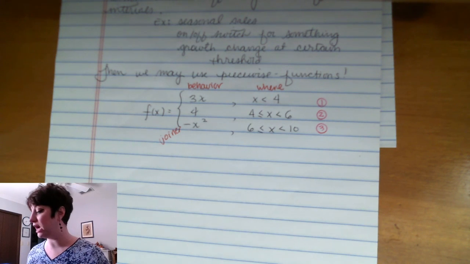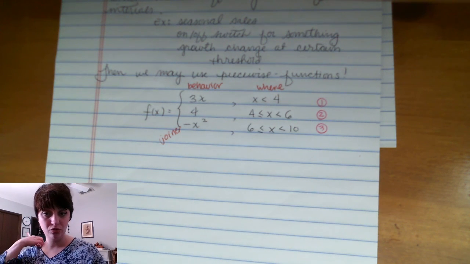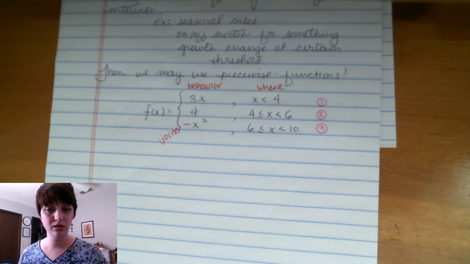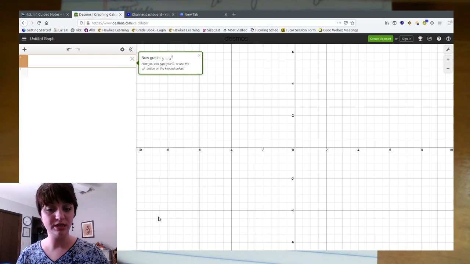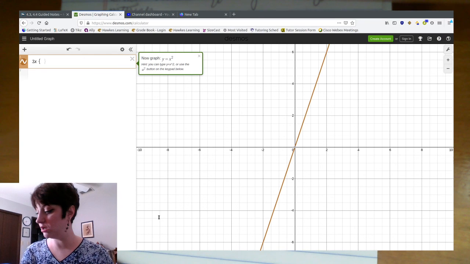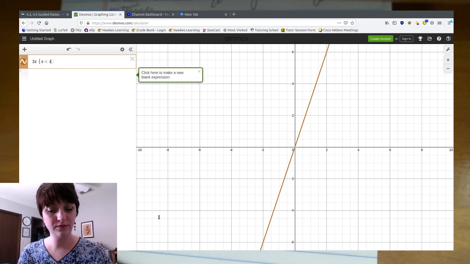Real quick, I do want to show you what this looks like. Actually, I'm going to use Desmos to show you guys this. Hopefully this shows up okay. So this is 3x for x less than 4.